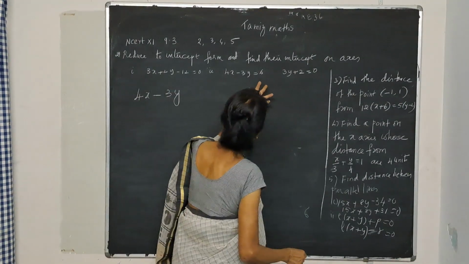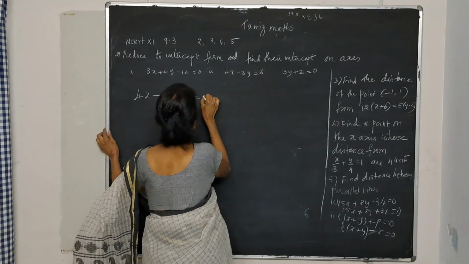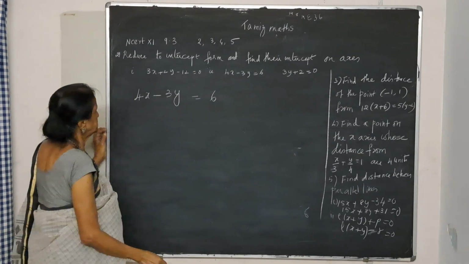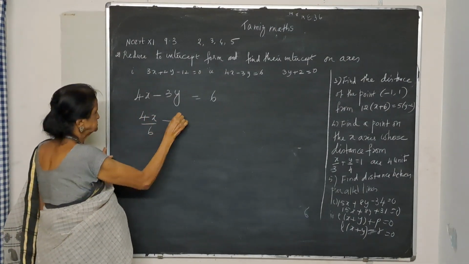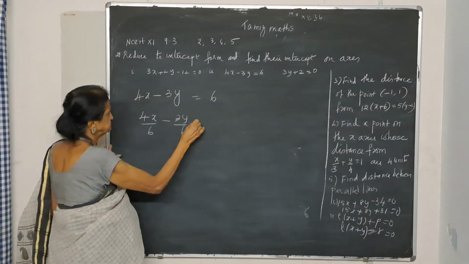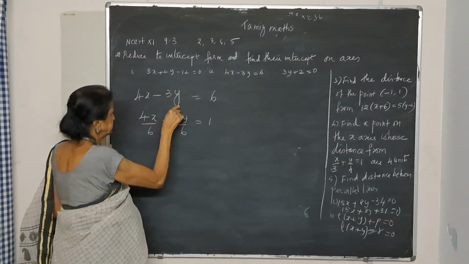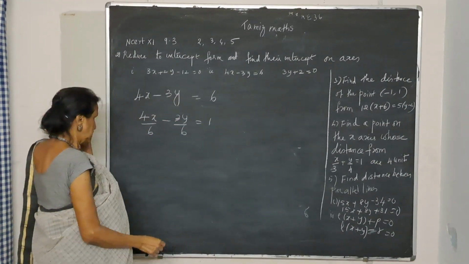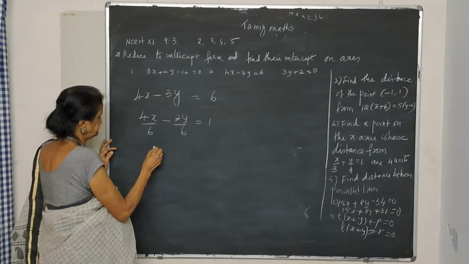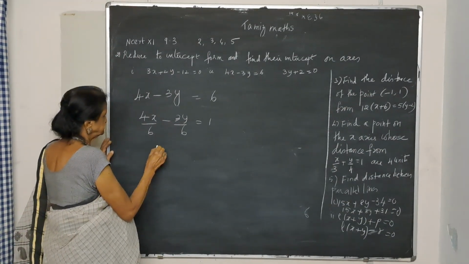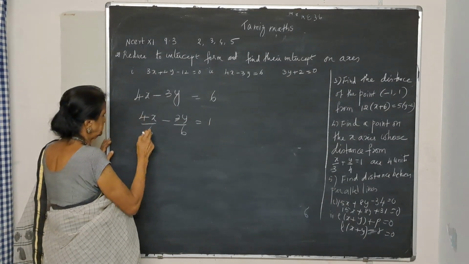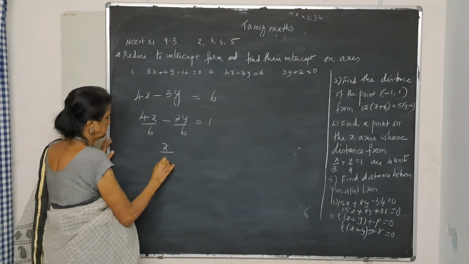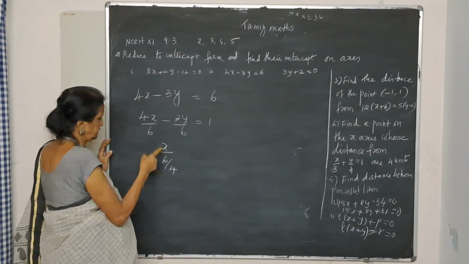Now let's see problem 2 subdivision 2. 4x minus 3y is equal to 6. Divide by 6, by 6, by 6. So this could be written like this now.